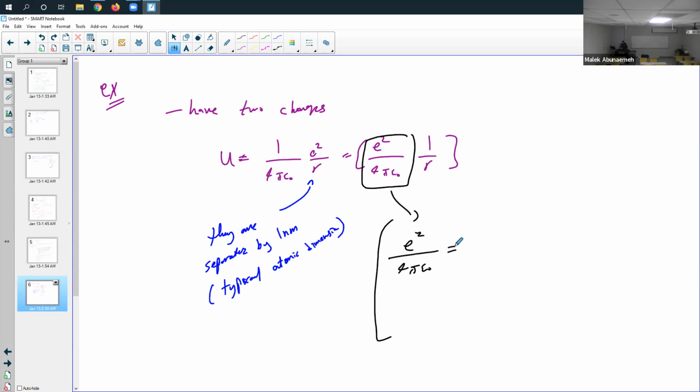Now, we said 1 over 4 pi epsilon naught is equal to 8.99 times 10 to the 9th newton meter squared per coulomb squared, times the electron charge squared, which is 1.602 times 10 to the negative 19 coulombs squared.